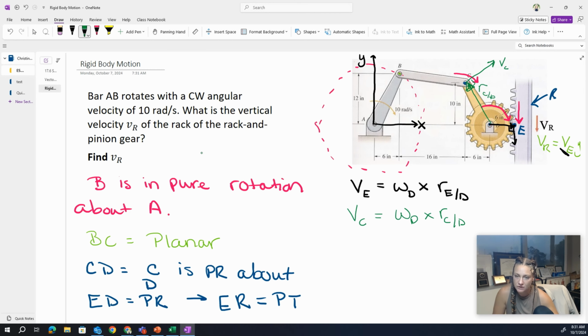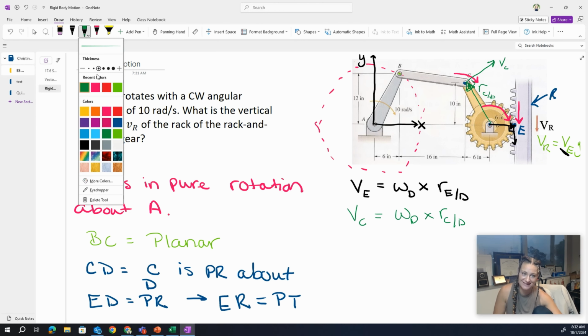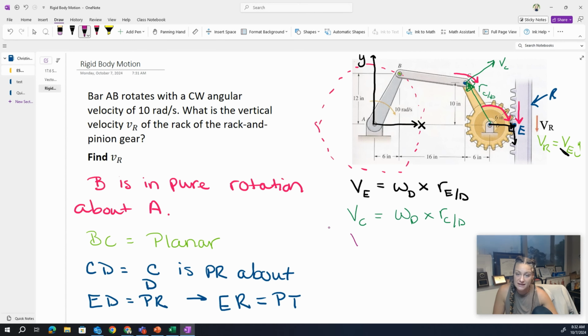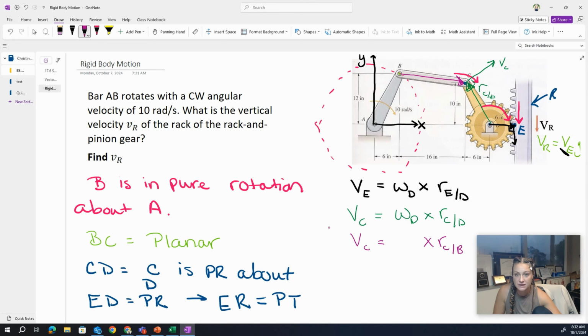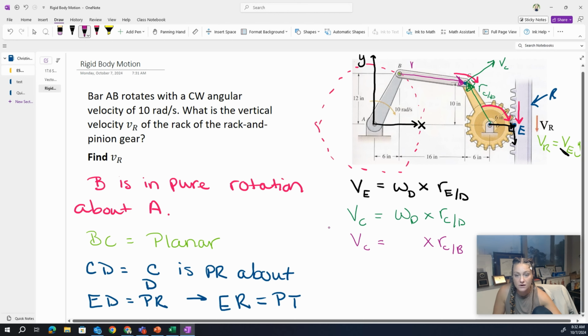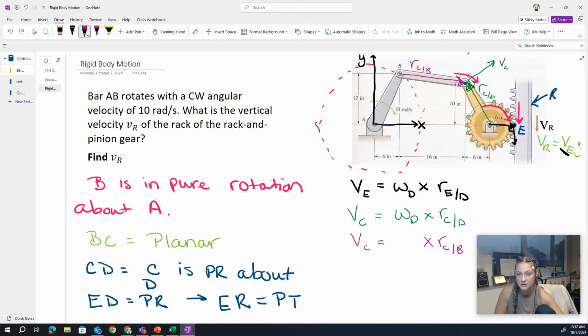crap. I still don't know omega D, because now I have another unknown, which is VC. But C is also on another rigid body. We said VC is a part of VB. So I can say that VC also equals VB plus omega cross RC with respect to B. So now I have VC, I have another vector here, and this is going to be RC with respect to B. VC is still going to be in this direction.